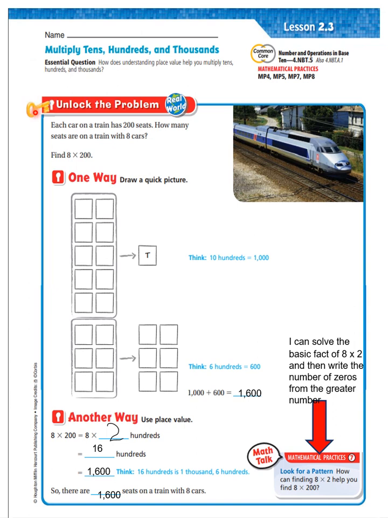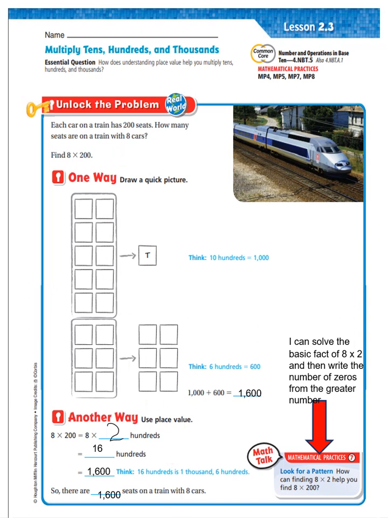Let's unlock the problem. Each car on a train has 200 seats. How many seats are on a train with 8 cars? All right, let's ask ourselves, what's the important information in this question? Well, how many cars long is the train?